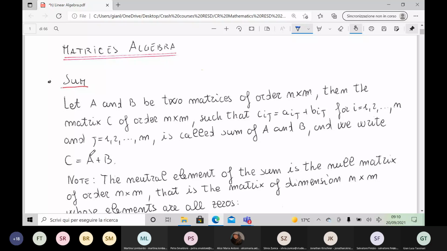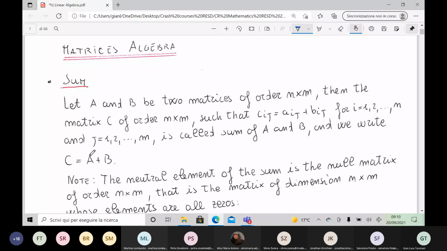The matrix C, defined as the sum of the matrices A and B, is the matrix such that its element ij in the ith row and the jth column, denoted as Cij, is simply obtained by summing the elements of the matrix A and of the matrix B in the position i and j.